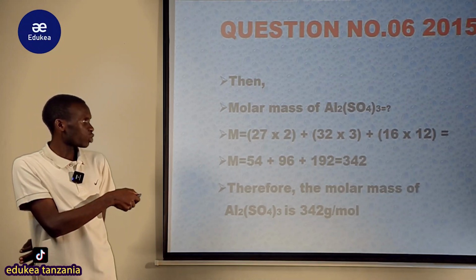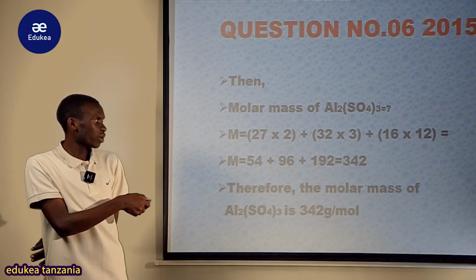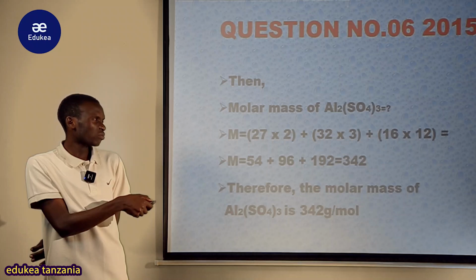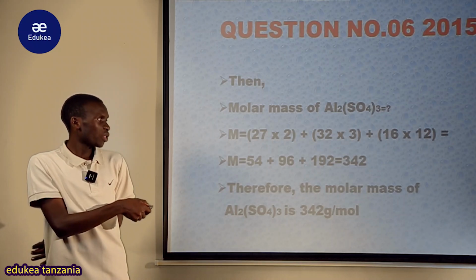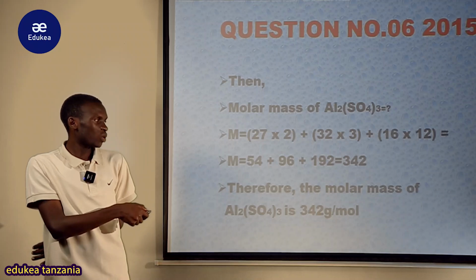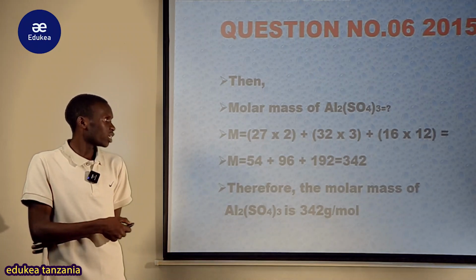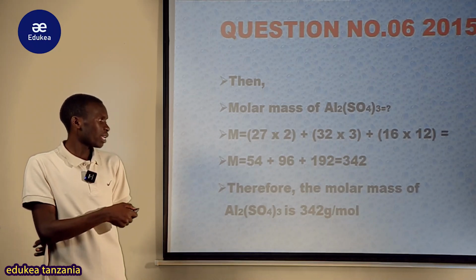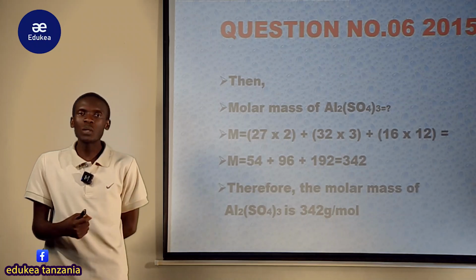Then 27 times 2 get 54 plus 32 times 3 get 96 plus 16 times 12 we get 192. If you take the sum, get 342. Therefore, the molar mass of aluminum sulfate is 342 gram per mole.